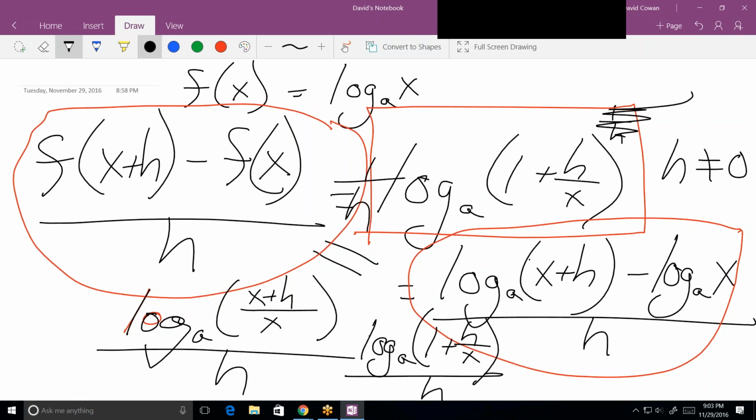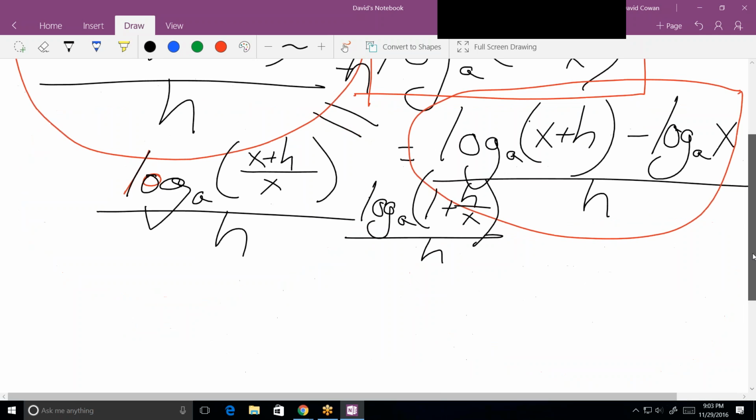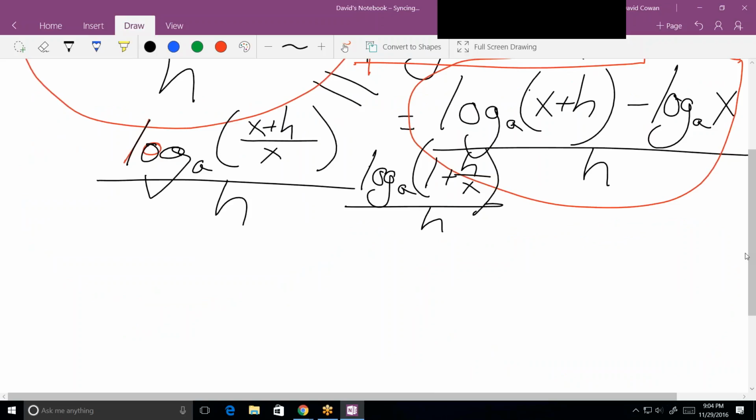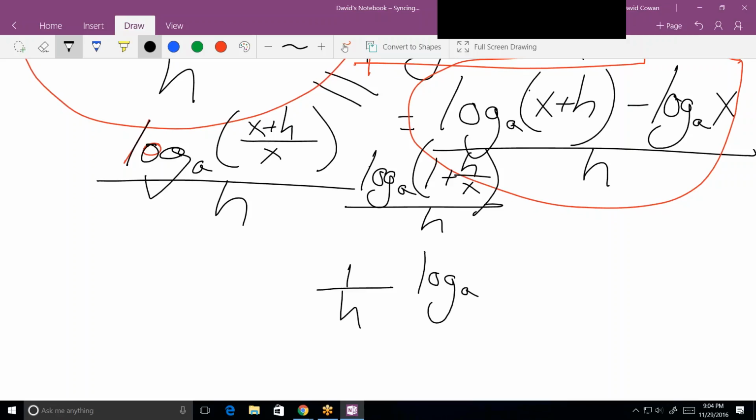In other words, what I actually have here in the bottom is 1 over h times the log base a of 1 plus h over x. As I move the h, which was a denominator, to a multiplier in front of the log, that's certainly true.